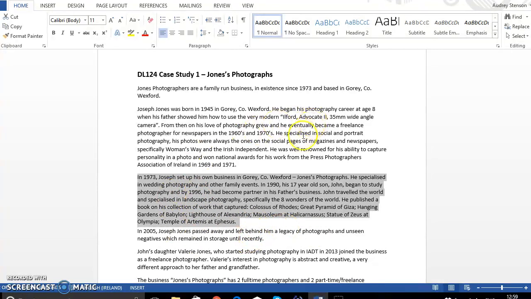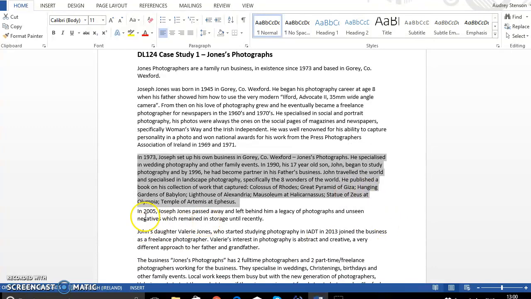So it's gone from being portrait and social photographs of the swinging 60s and 70s into suddenly setting up his own business and into wedding photography, and then his son then specializing in landscape photography and specific shots of the 8 Wonders of the World.